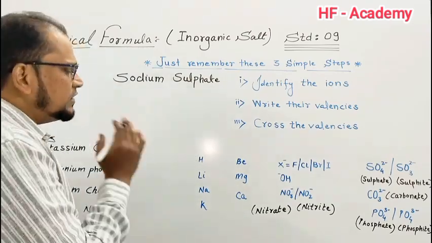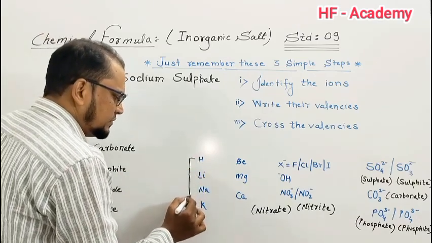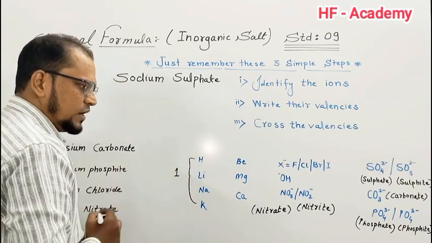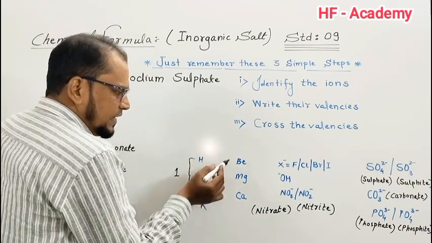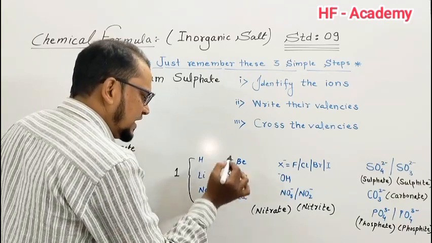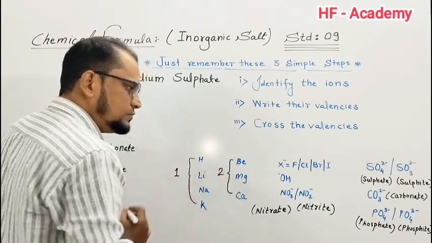Okay, if you are looking at the first group elements, that are hydrogen, lithium and sodium, so these elements have valency 1. While if you are talking about barium, magnesium and calcium, so the valency of these elements is 2.